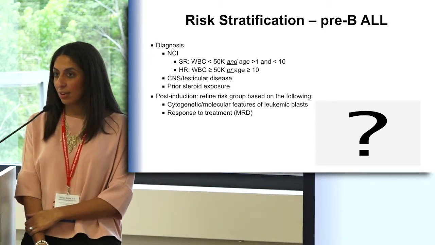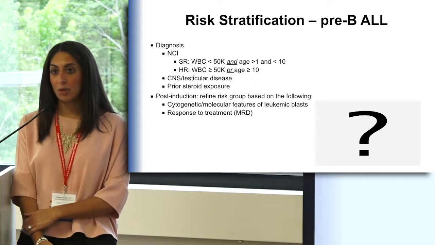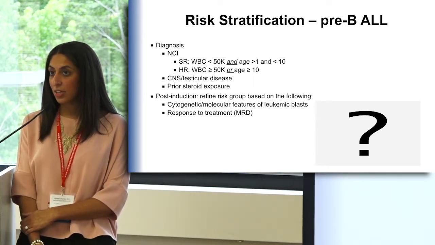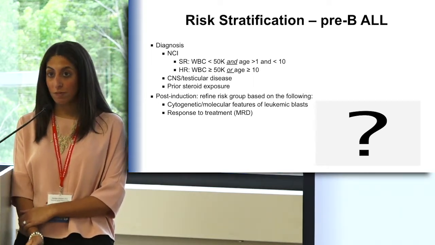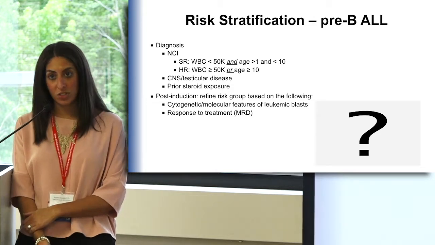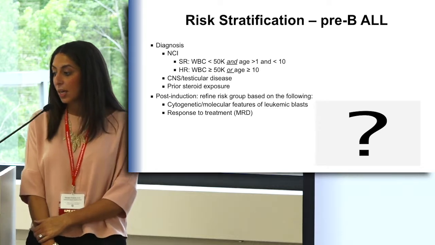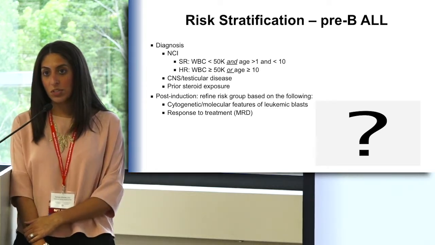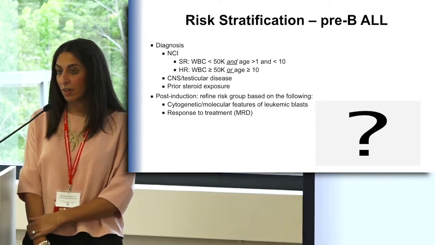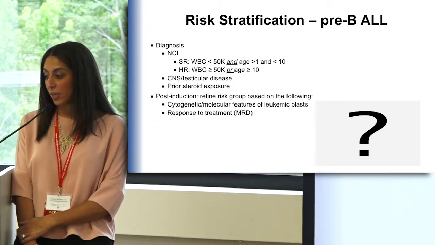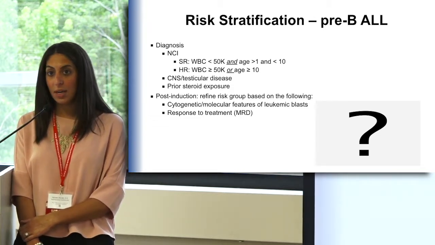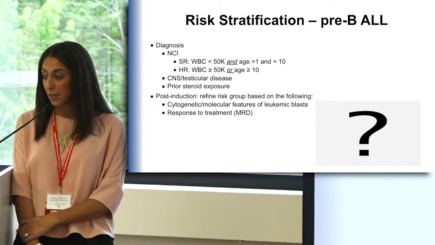Somewhere along the way in that first month of therapy, we get results back of cytogenetics and molecular features that could further identify which patients are either at low risk, at standard risk, or which patients become high risk. And then, of course, at the day 28 mark, we do testing for MRD, which we have noted is very important to see how patients respond to therapy and what the likelihood of a remission would be.